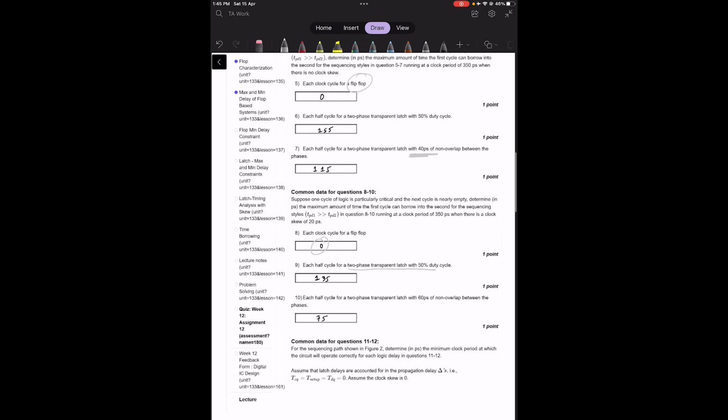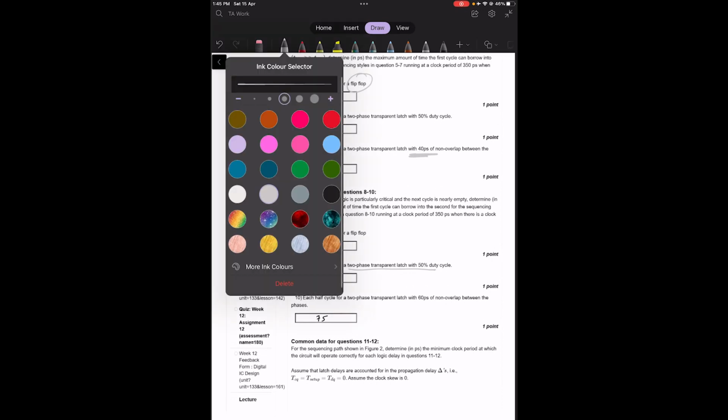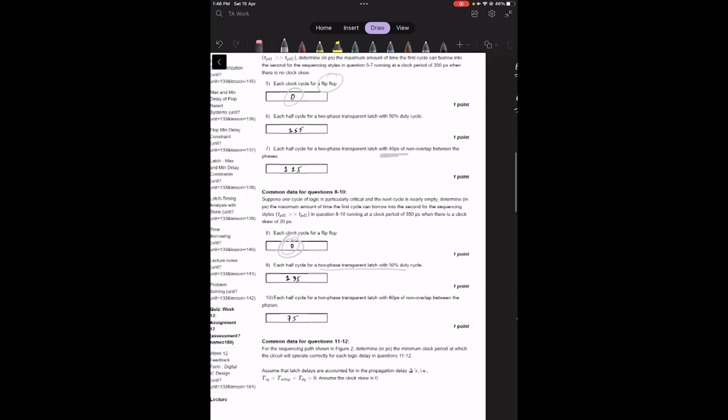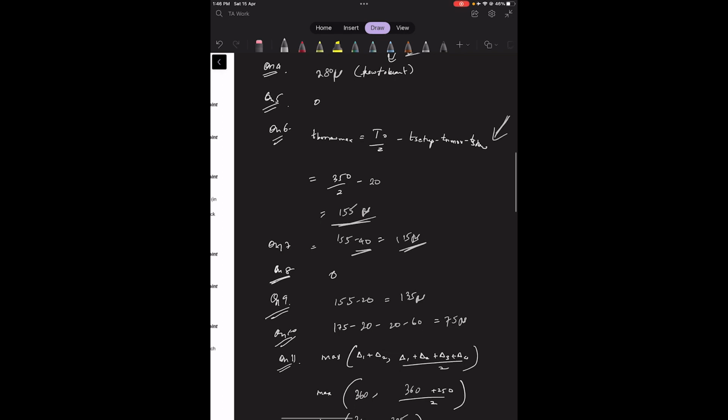Question 8 again. If you look at question 8, it asks for the T borrow for a flip-flop, which is again 0, and a two-phase transparent latch, which is 135 given.